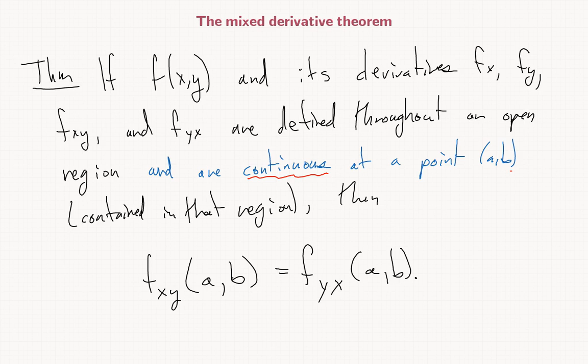And then this extends to higher variables like we saw, like fxxy would equal fxyx would equal fyxx, or fxyz would equal fzxy, and so on. So for all the different permutations of the variables.